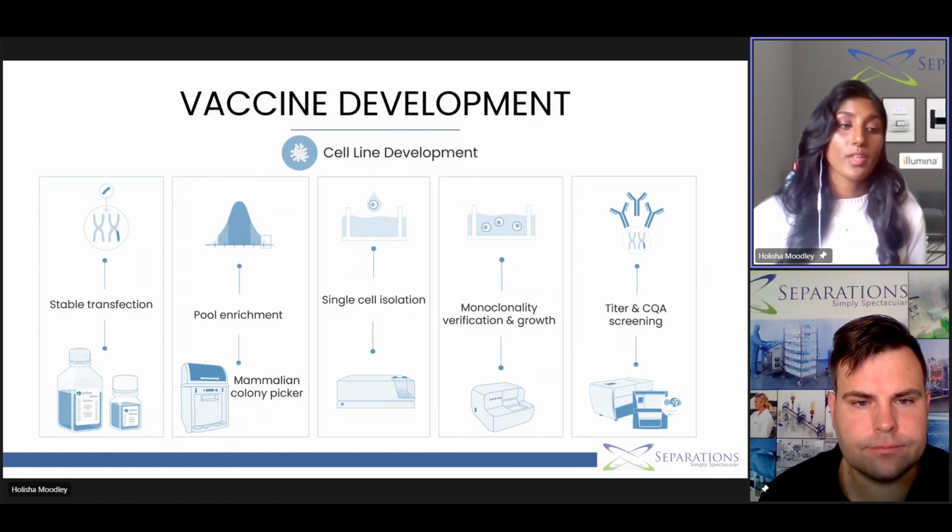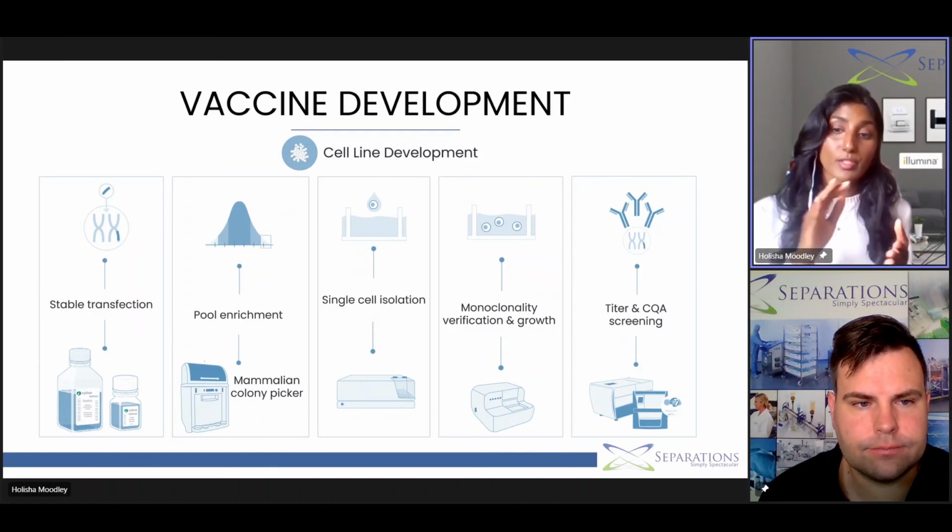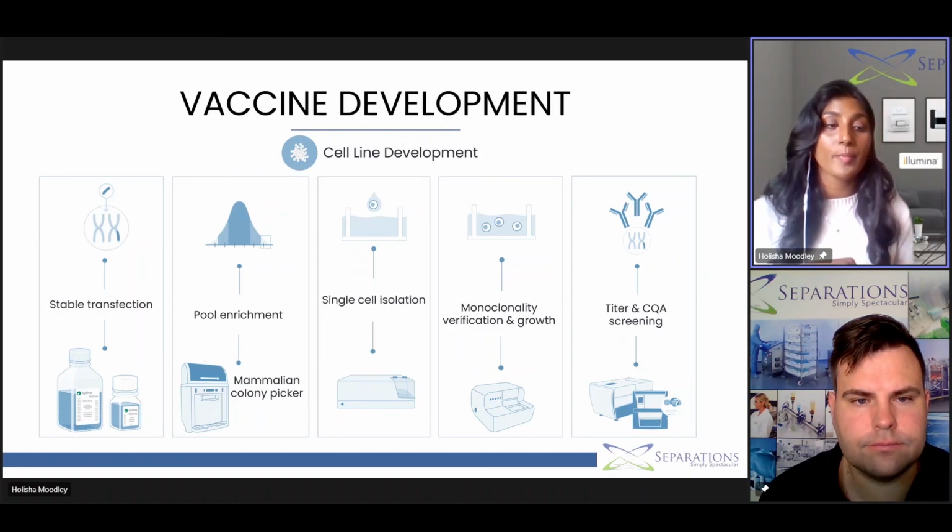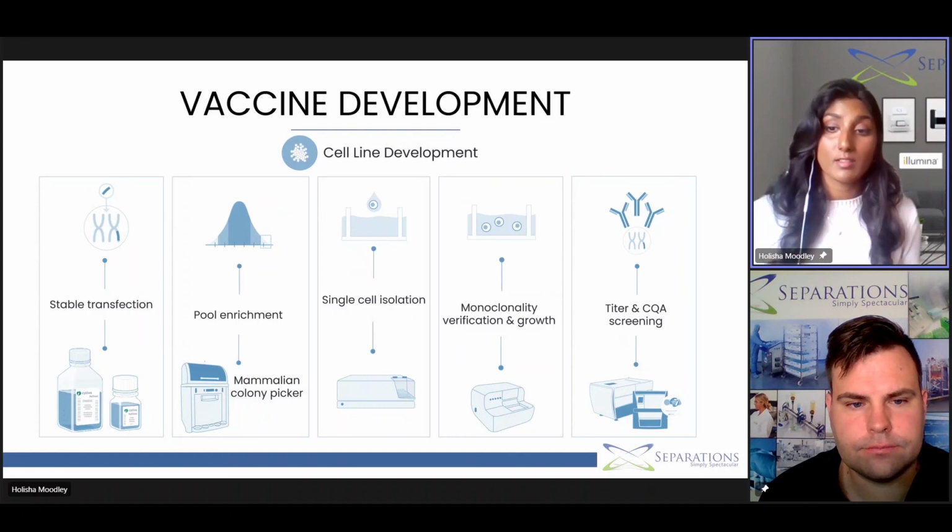And so the foreign DNA that's encoding the protein of interest, usually we can identify it with a selectable marker to be able to pull out or enrich for that specific cell that we're looking for. And we can do this with things like fluorescent markers, for instance.